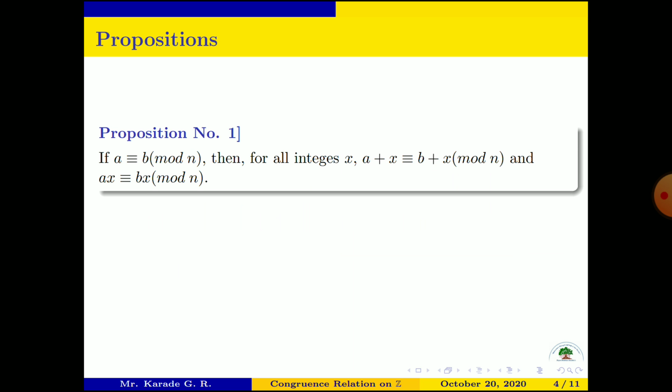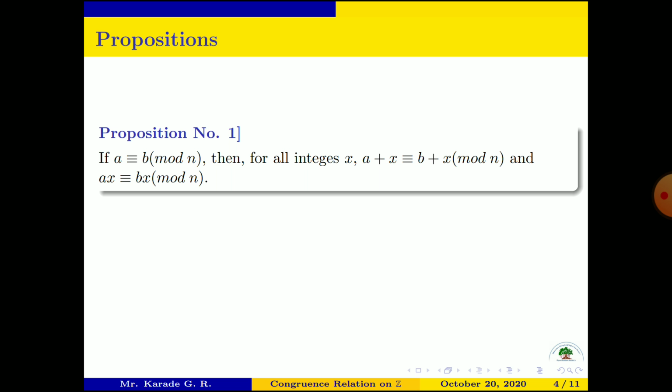This proposition says that if a is congruent to b mod n, then for all integers x, a plus x is also congruent to b plus x mod n, and a into x is congruent to b into x mod n.